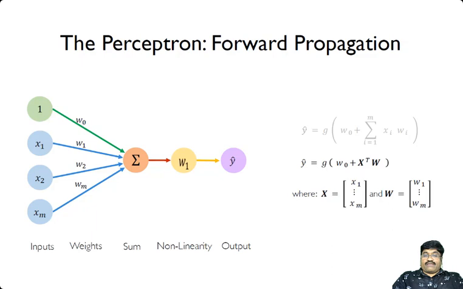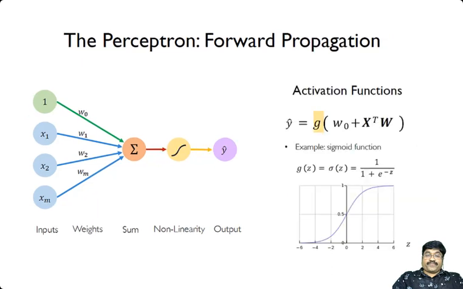And you also have a vector of weights, capital W. To compute the output of a single perceptron, all you have to do is take the dot product of X and W, which represents the element-wise multiplication and summation, and then apply that nonlinearity, which here is denoted as g.